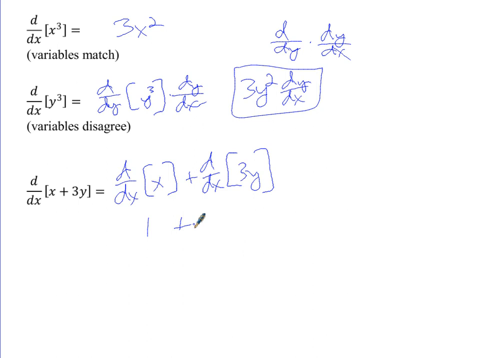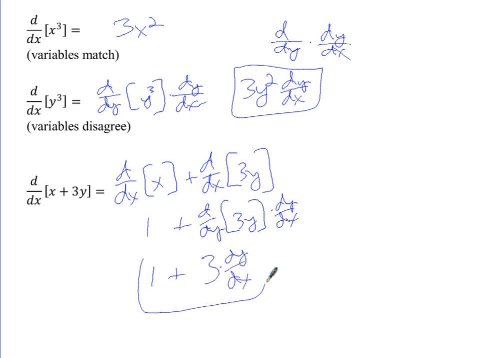So plus, I'm going to rewrite this as d over dy, the derivative with respect to y of 3y times dy over dx. Now can I take the derivative of that? Yes. This is still 1 plus the derivative with respect to y of 3y is just 3 times the dy over dx. And you're done. There's nothing more we can do. Again, if this is a function, then we could solve for dy over dx, and we will be doing that shortly.